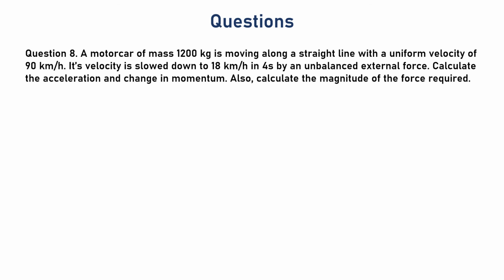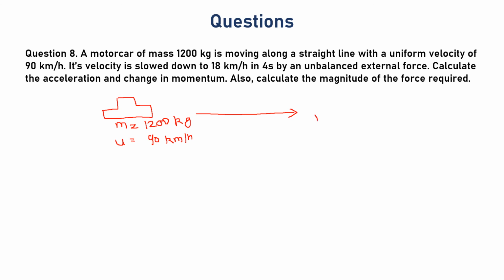A motor car of 1200 kg. So this is the mass, right? That is 1200 kg. On a straight line it is moving, but the initial velocity was 90 km per hour. You need to change it immediately into meter per second.